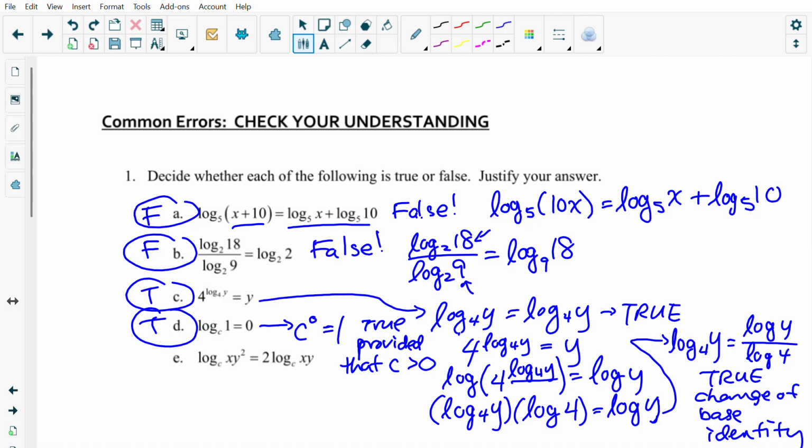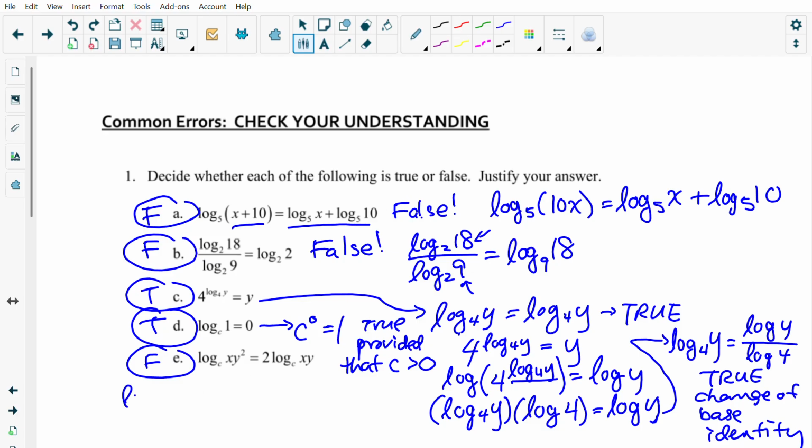Okay? Letter E. Log base c of x to the y squared equals 2 times log base c of xy. This is false. This is super tempting, right? Let's be careful here.